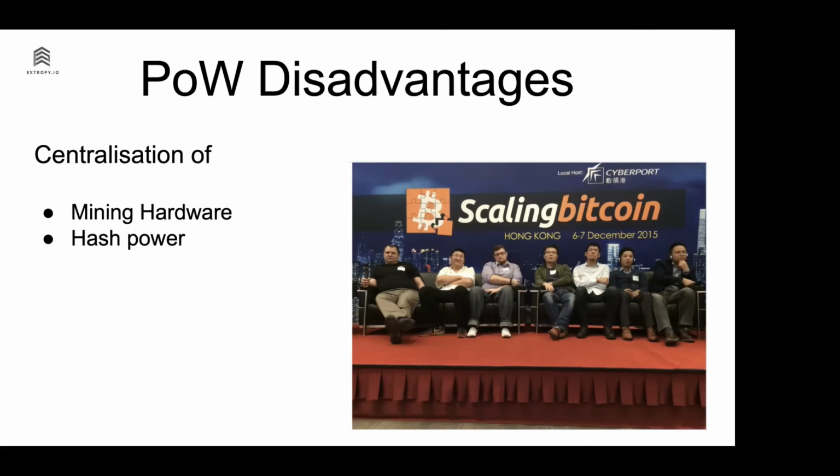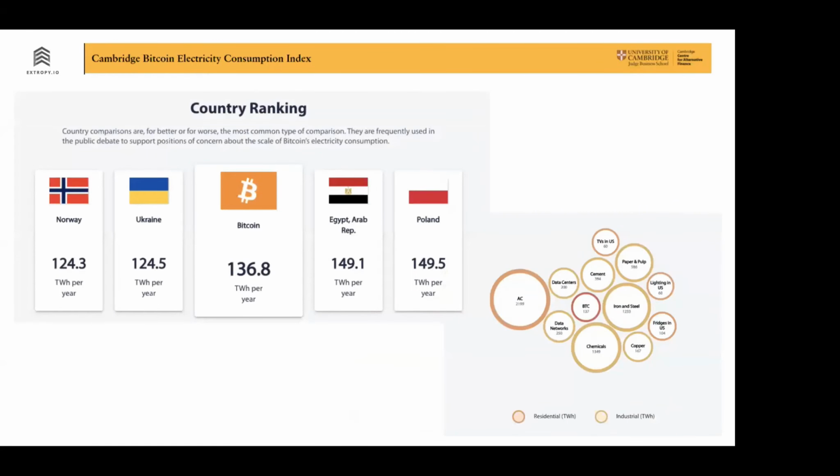There was geographical centralization, particularly in China and areas where energy is cheaper. You tend to get lots of mining happening there, which can be seen as problematic. And certainly one of the things that people pick up on about Bitcoin is the energy cost.